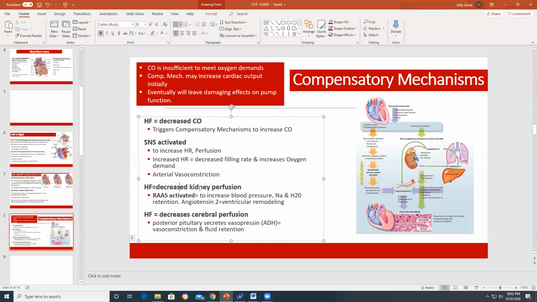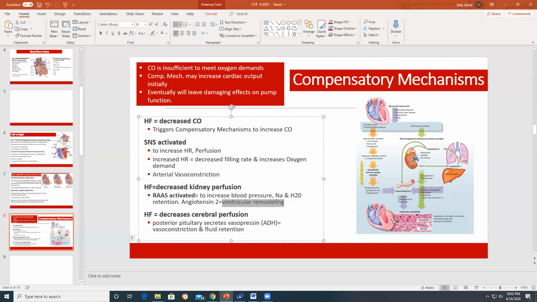When our kidneys see that there is a perfusion problem, then it activates the RAS system. And so that again is to increase the blood pressure. We have our sodium and water retention. And then the angiotensin II actually has this property where it does a ventricular remodeling.